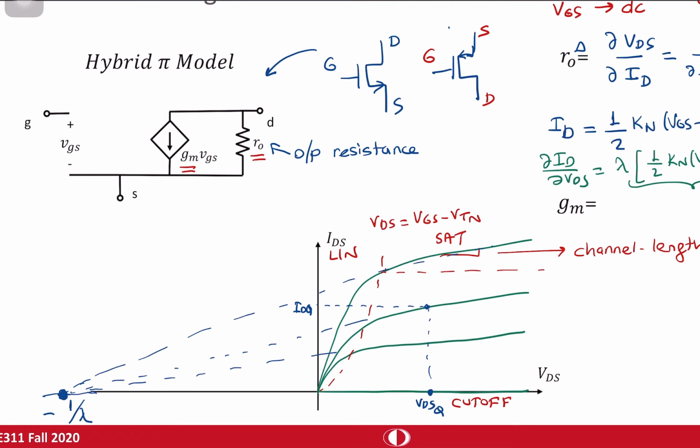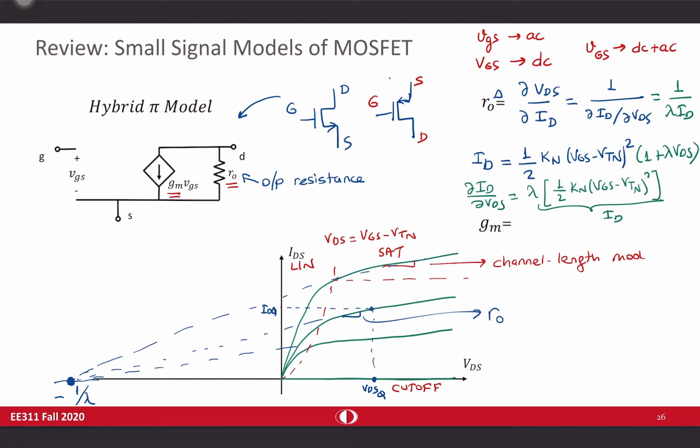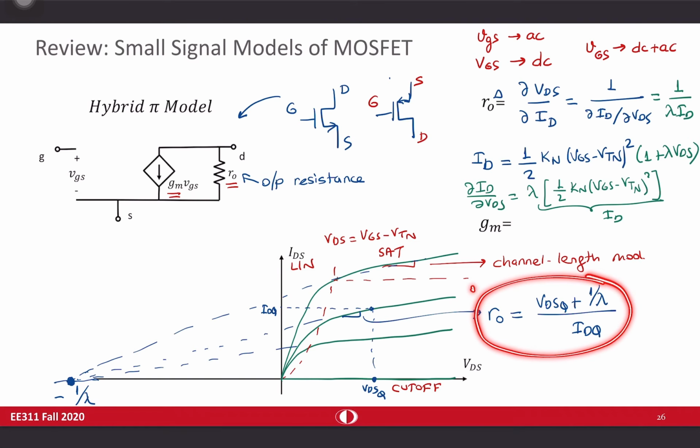So I can write R0 as VDSQ plus 1 over lambda divided by IDQ. And this result is a bit different than this derivation. But this was an approximation. In fact, you can approximate the second result like the first one.